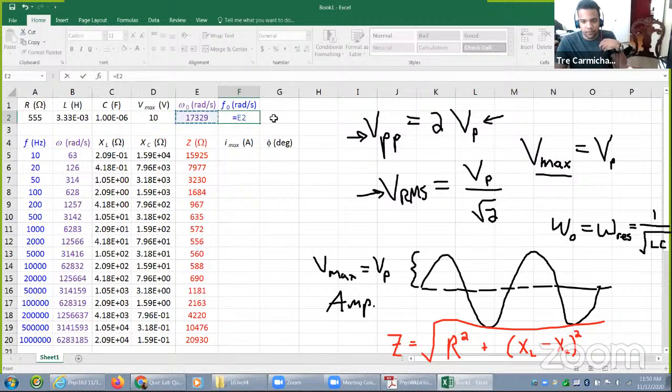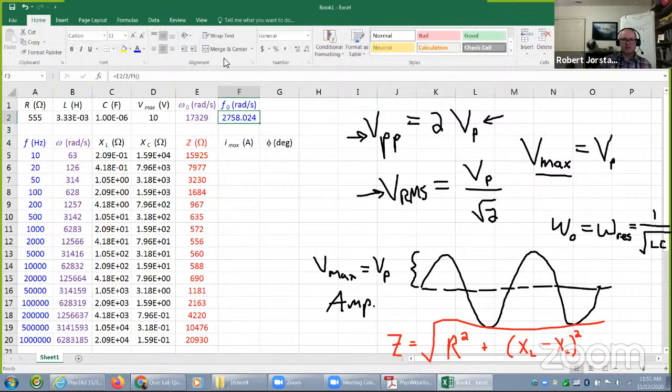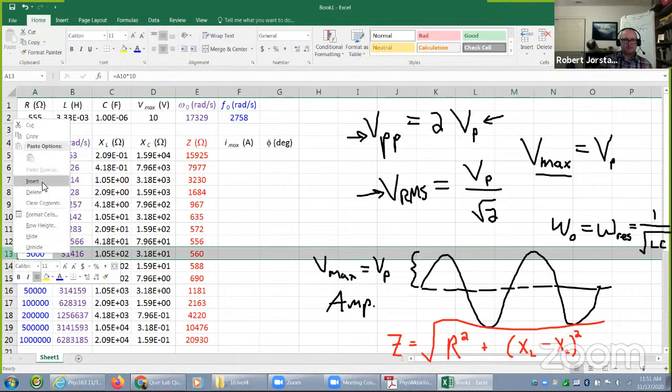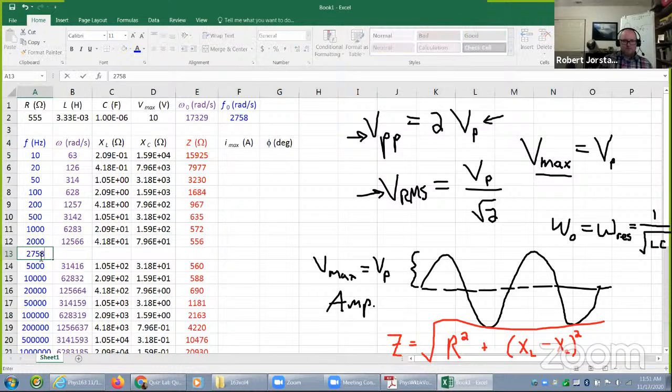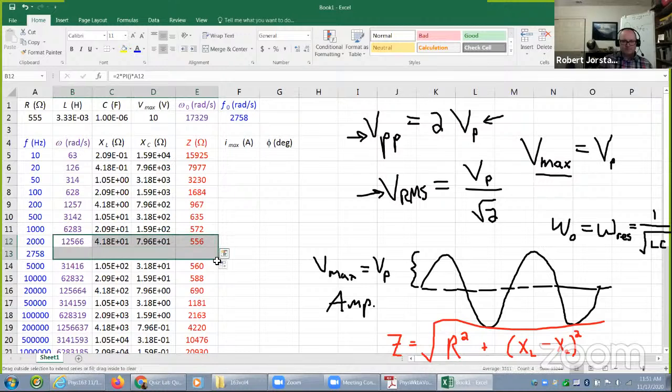Yeah. And notice divide by 2, divide by pi saves me some parentheses. Looks pretty good. All right. So far, so good.